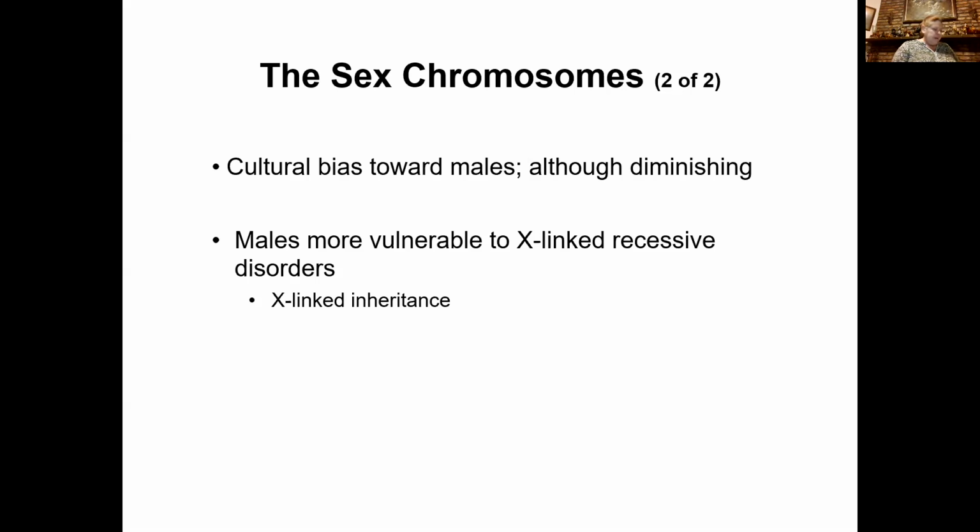Now, being female can be quite good in certain circumstances because there are certain disorders that by being female, you are somewhat protected from. And we're going to talk about hemophilia now for that example. These things are called X-linked recessive disorders, and males are more vulnerable to those.